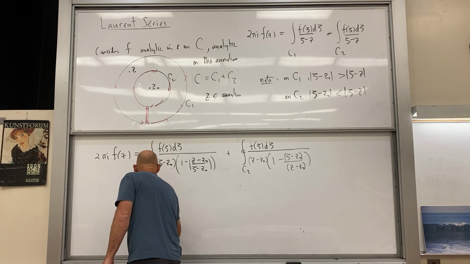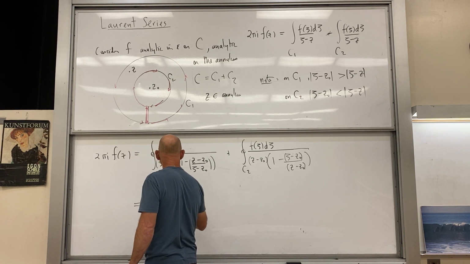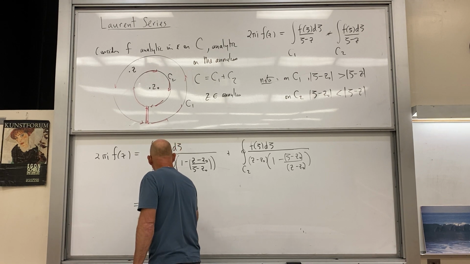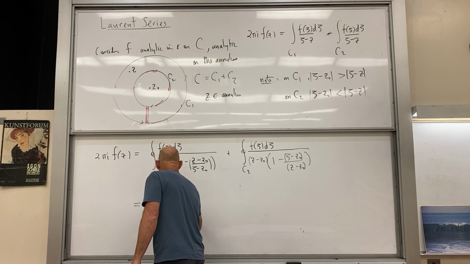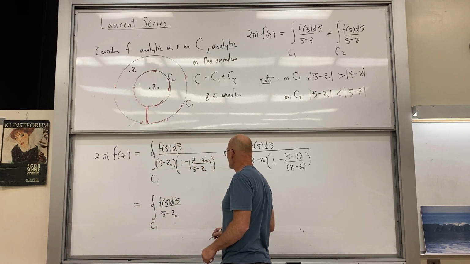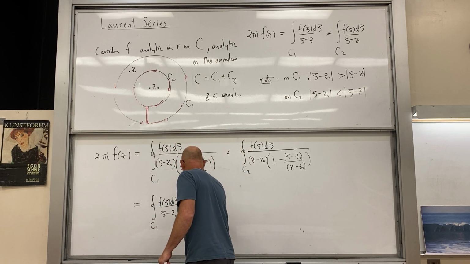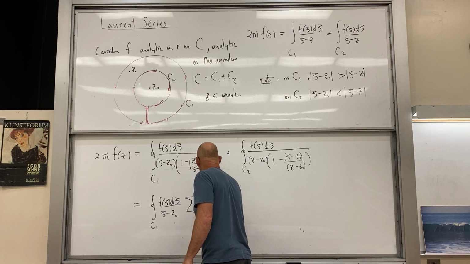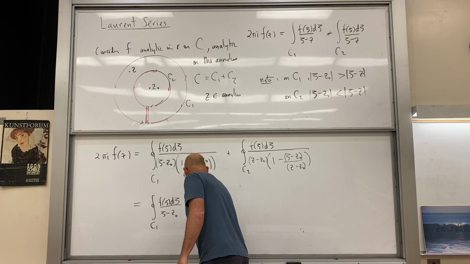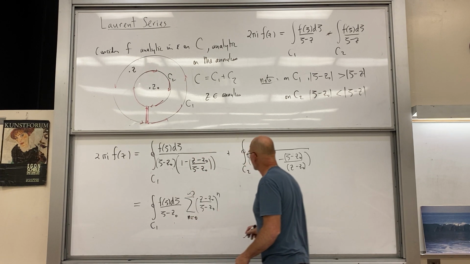It's just going to be our Taylor series terms. Let's go ahead and do it. Zeta. Integrate. And then the summation here of (z minus z sub 0) over (zeta minus z sub 0) to the nth power. So this is what we just did, trying to give the same result.